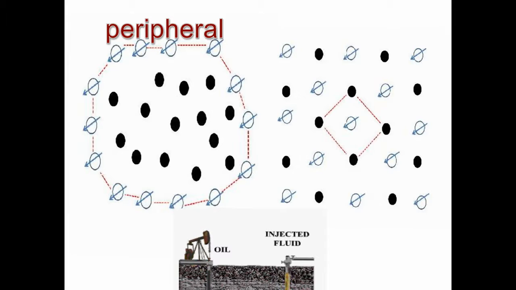To address this problem, the one on the right forms what is called a 5-spot pattern. In this illustration, we see 4 producing wells and 1 injector well in the middle. Keep in mind that an injector well can be an old producing well, or it can be a recently drilled one that acts as an injector well.